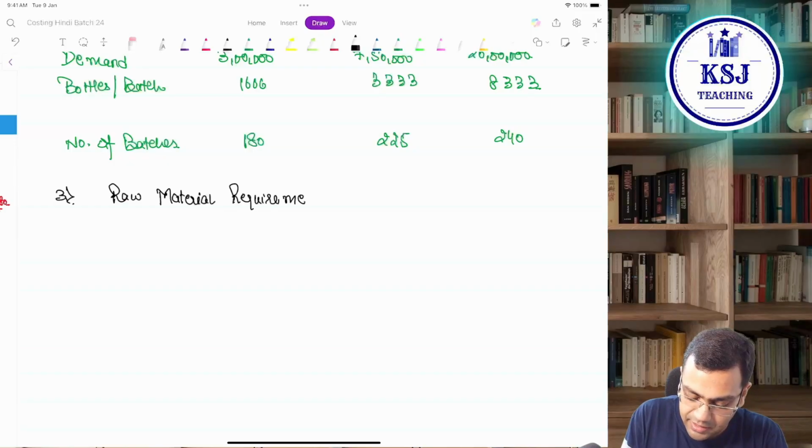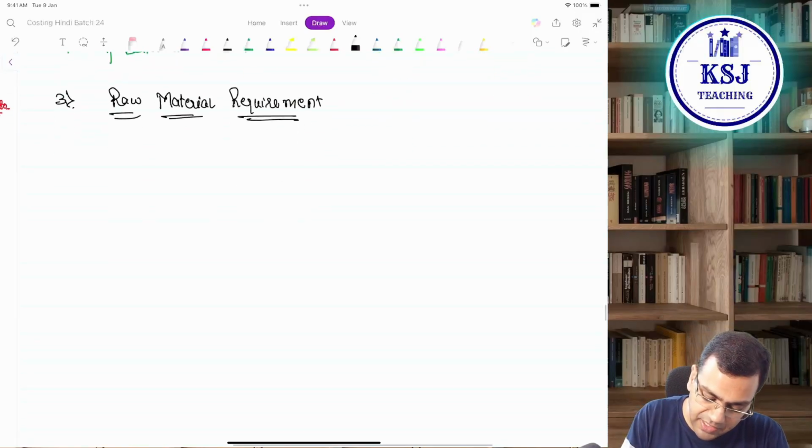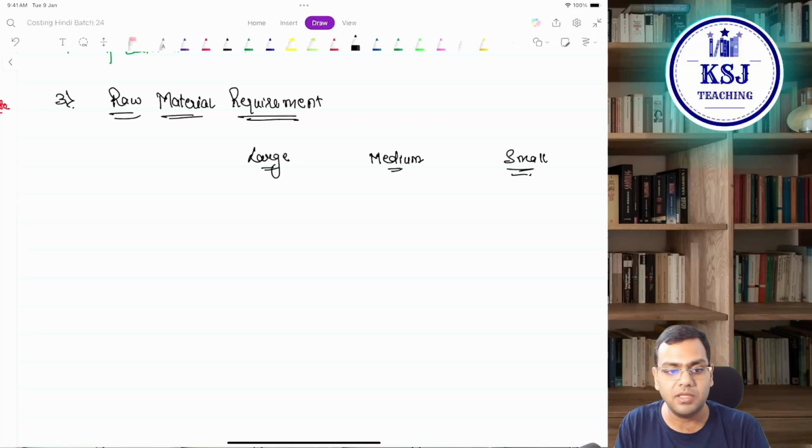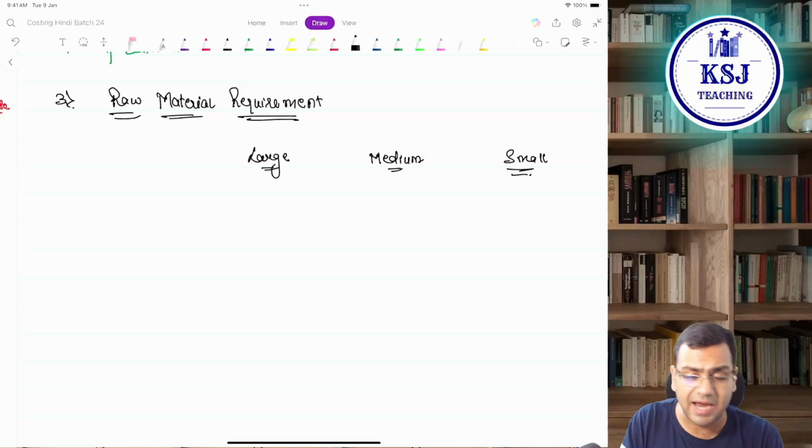Again, we will calculate the raw material requirement for all three: large, medium and small.